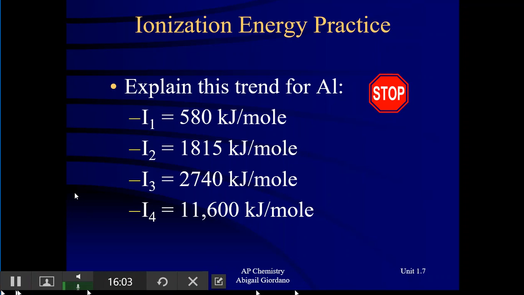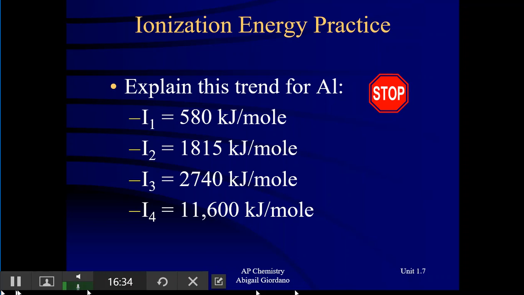All right, so why are the numbers steadily increasing? Every time an electron is removed, the proton to electron ratio is increasing, and thus the effective nuclear charge is increasing. Greater amounts of energy are required to remove successive electrons. That's part A of the question.